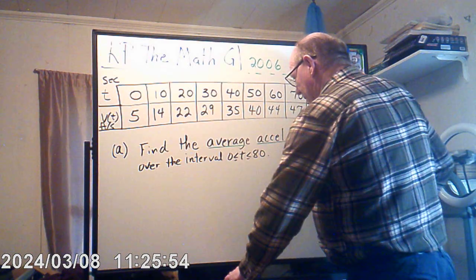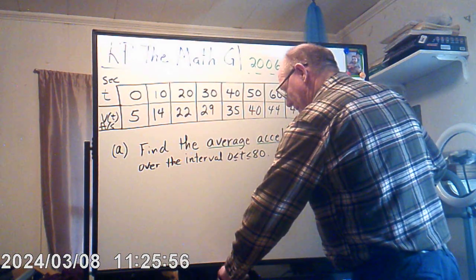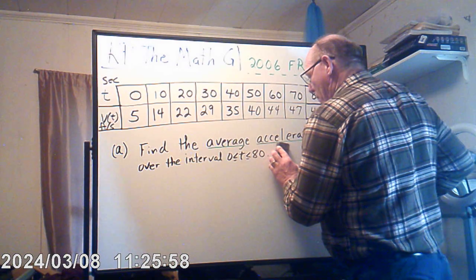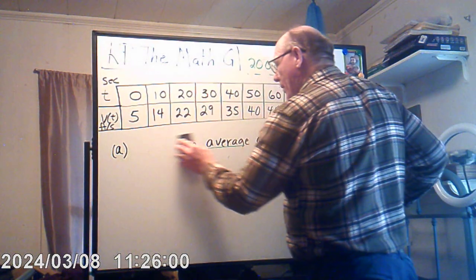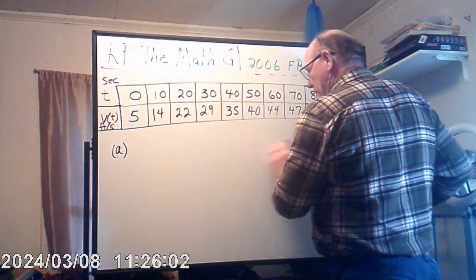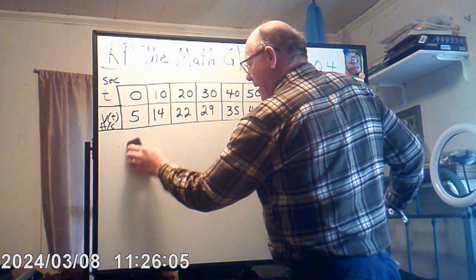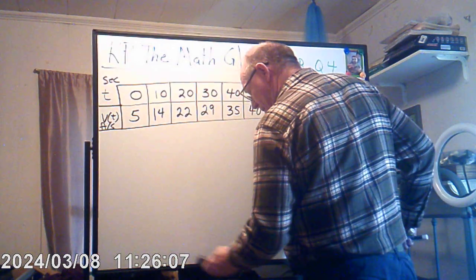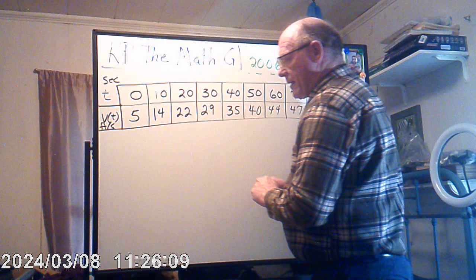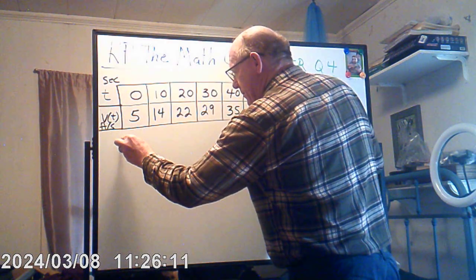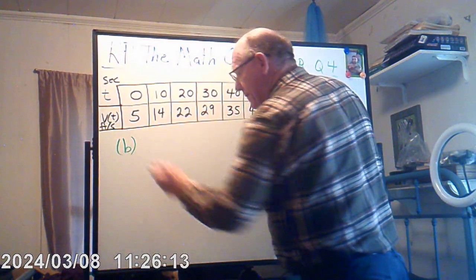All right, so let's go ahead and do the B part. Now they would ask probably one of four questions. In this particular case, I'm going to try to abbreviate here.